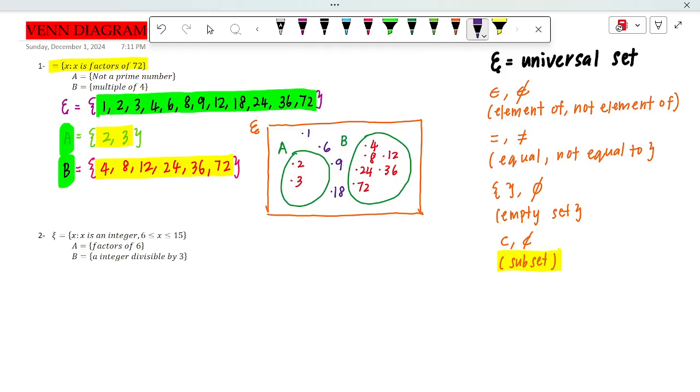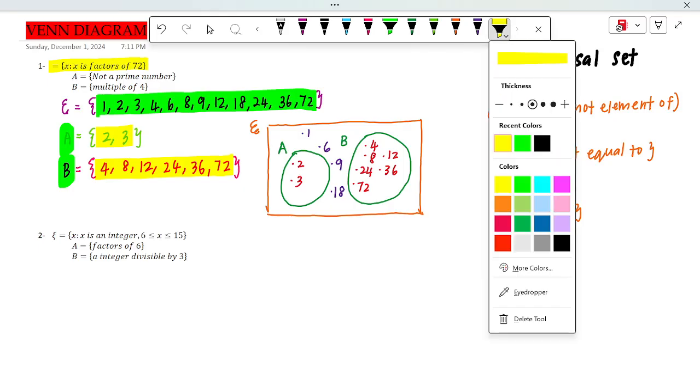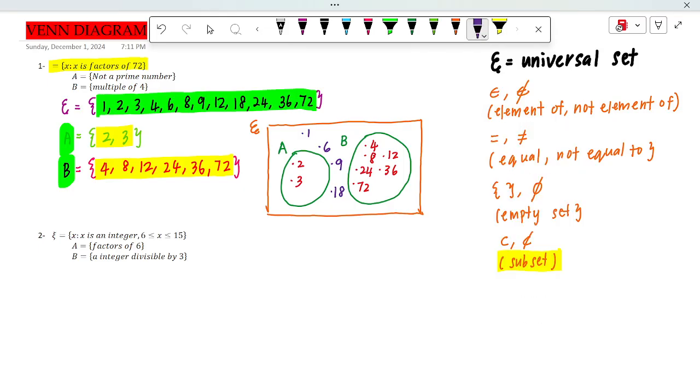Okay, if I'm supposed to add a question, shade the complement of A. Complement means not A, opposite of A. So when I ask complement of A means I don't want A. If I don't want A, what is the balance left? You will shade everything except for the A. Example, this one.